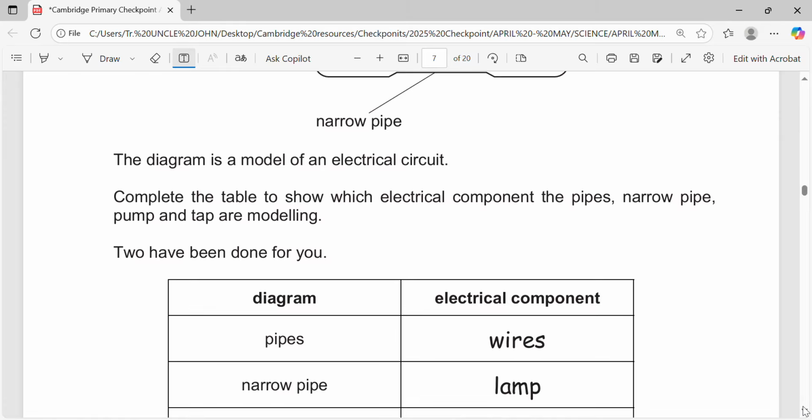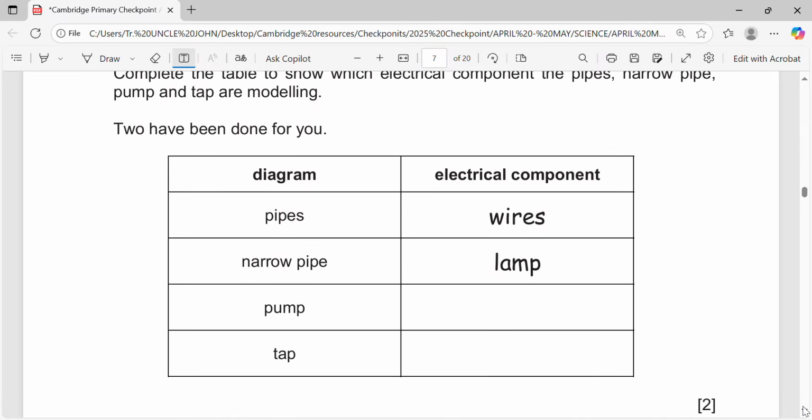Complete the table to show which electrical component the pipes, narrow pipe, pump, and tap are modeling. 2 have been done for you. This is the table with 2 columns: diagram, where we have pipes, narrow pipe, pump, and tap, and electrical component, where you have wires, a lamp. So they wanted to fill in this place here.